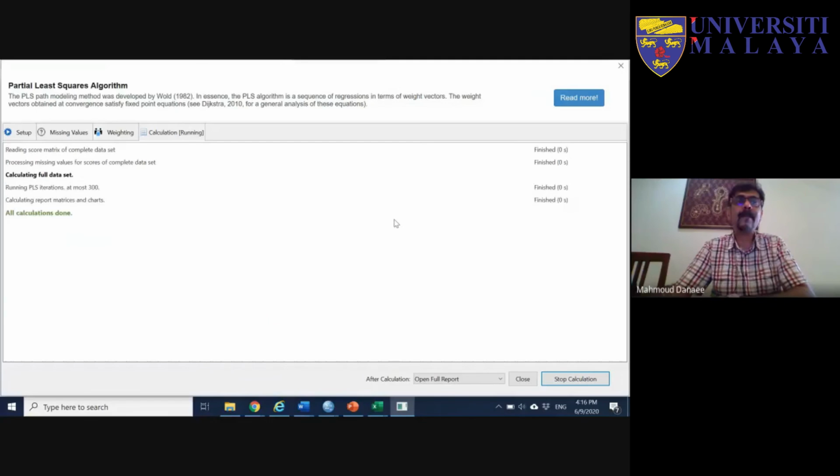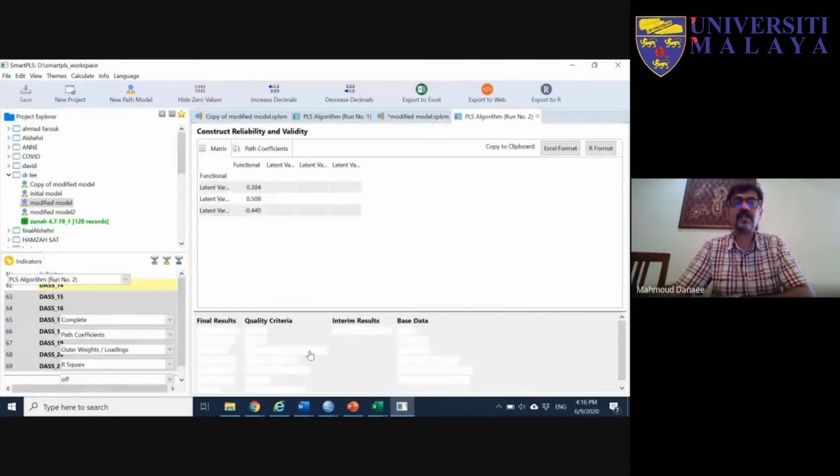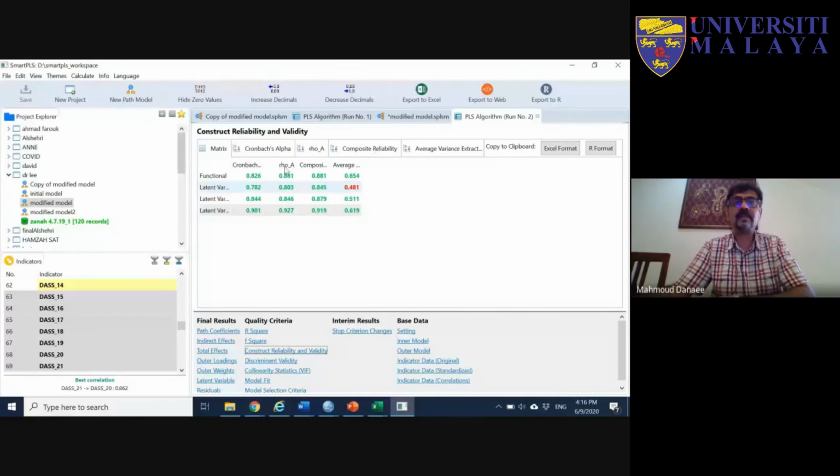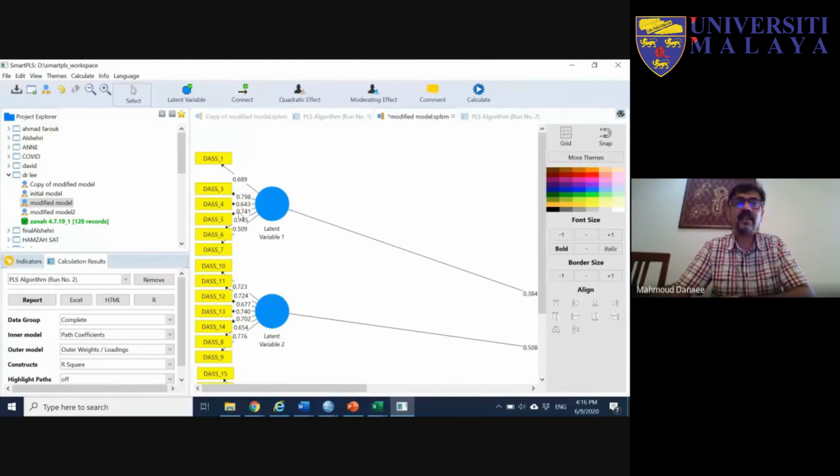So now, back to results. Okay, it is better, but it is still low. We go back and check again. Everything is fine, but the last component still has low items. Ideally, the cutoff point for the loading is 0.7, but 0.5 can be kept if the AVE meets the threshold, which is 0.5.